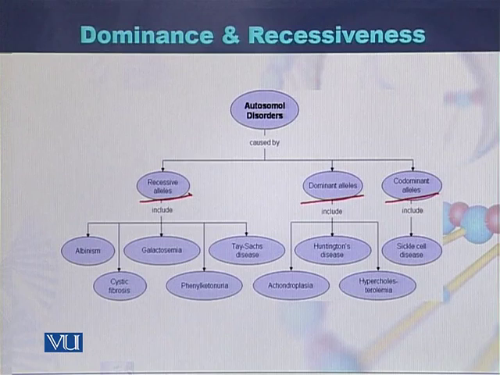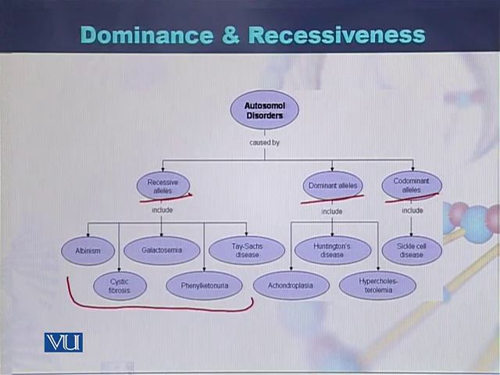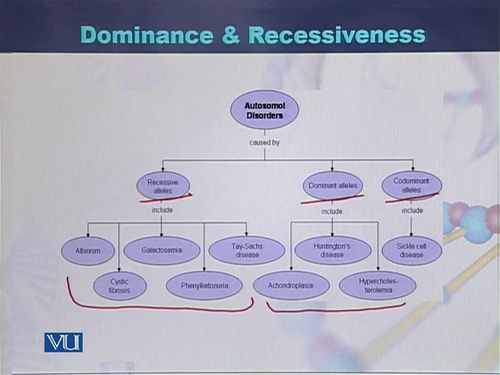In case of recessive diseases, these are the most common diseases that have been involved with autosomal recessive alleles. While these diseases are involved when there is a dominant allele, if one of the alleles has a mutation, then these diseases can appear.